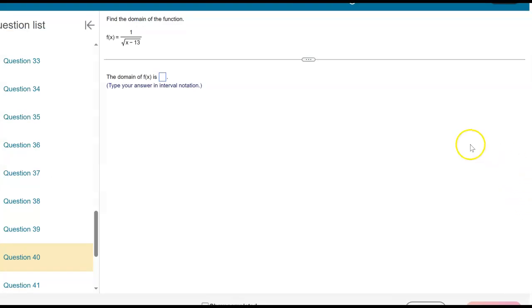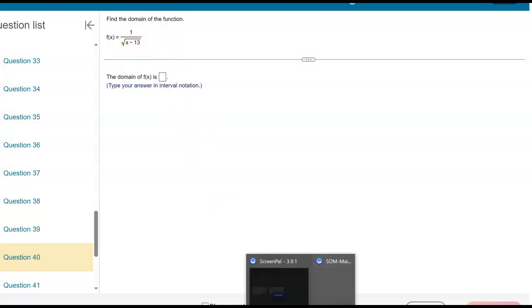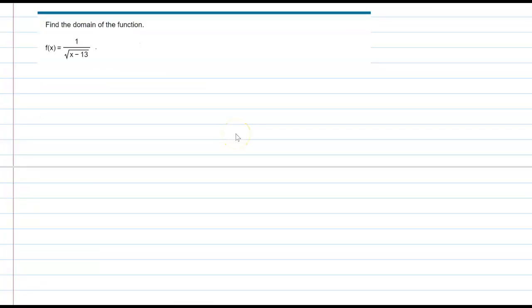For the next question, we want to find the domain of this function, 1 over the square root of x minus 13. To identify the domain, since we have a square root, for this to be defined, the radicand, the expression inside the square root, x minus 13, should be greater than or equal to 0.